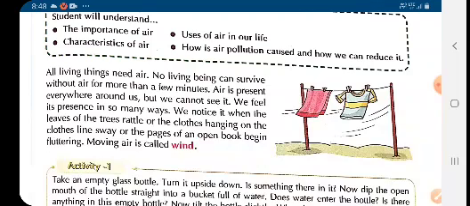That is why we are not able to see air, but we can feel it. Children, can you feel air? Yes, we can feel it. When there is movement in air, you can feel it, but if air is still, you cannot feel it.